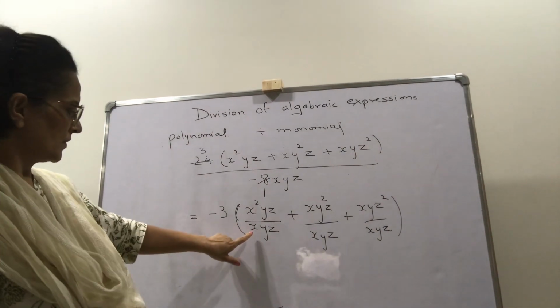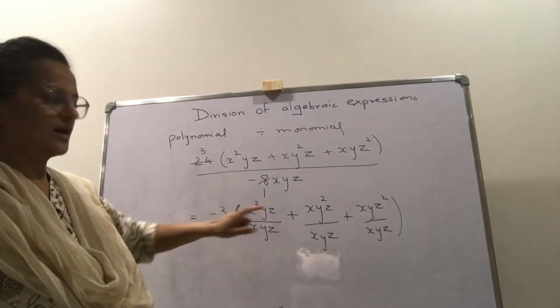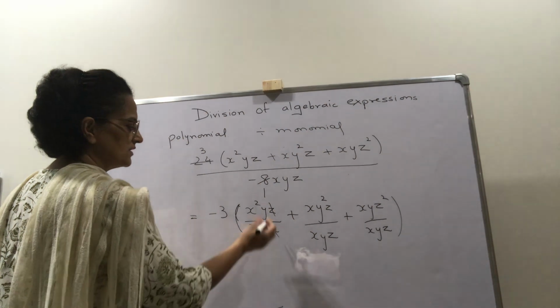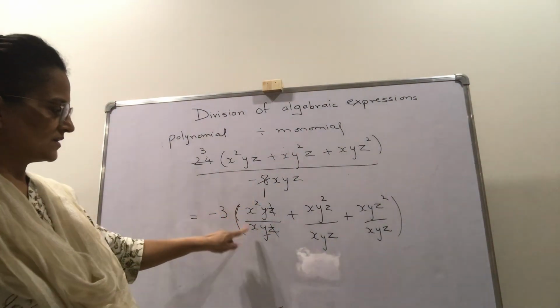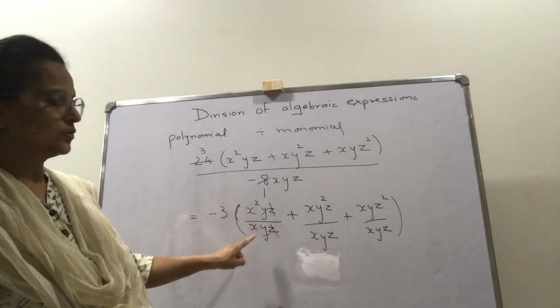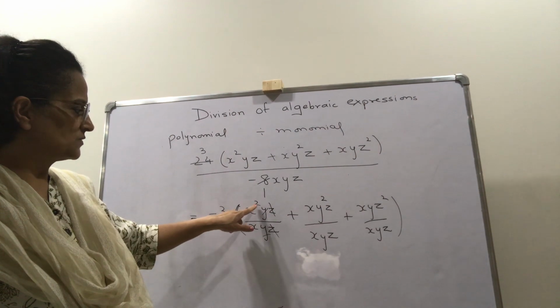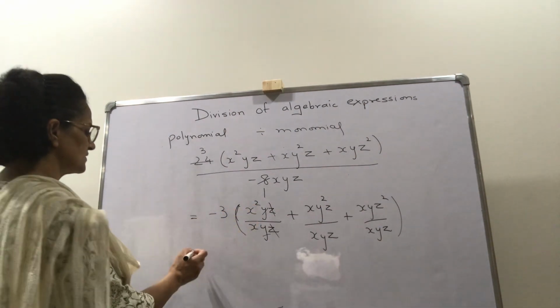Let's check now. This y can be crossed with this y, this z can be crossed with this z. So I cross out this z with this, y with y. Now again base is same and we are doing division, so powers will be subtracted. So this becomes 2 and here the power is 1, 2 minus 1.